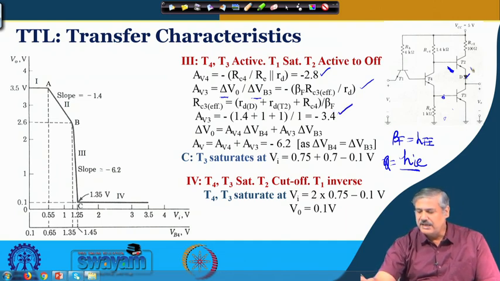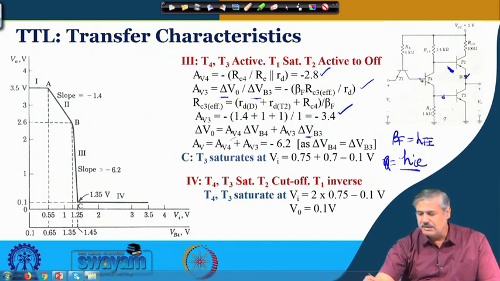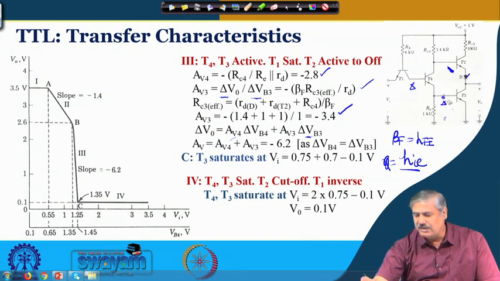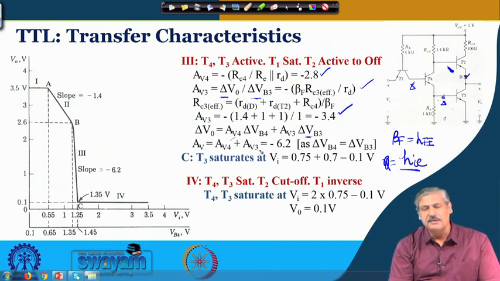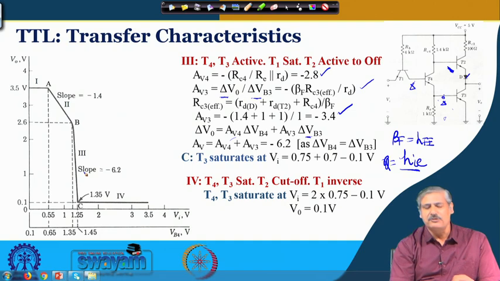And the gain in this cascaded stage is the gain coming from delta V4 and the change coming from this. The delta VB4 and delta VB3, the change over here and the change over here, are the same because of the emitter follower; whatever change occurs, the same change occurs over here. So, the effective gain is the summation of these two, and we get an approximate slope of minus 6.2, which of course increases when more and more current starts flowing through it.